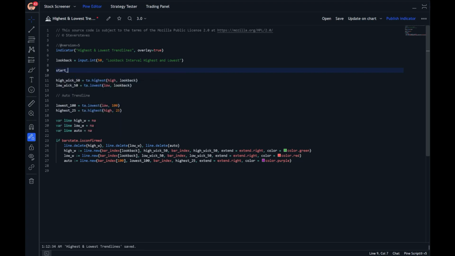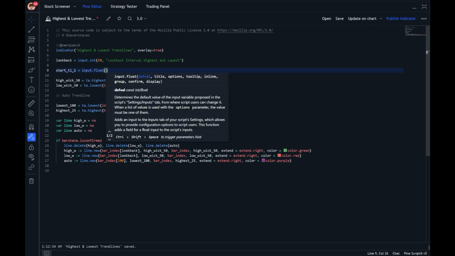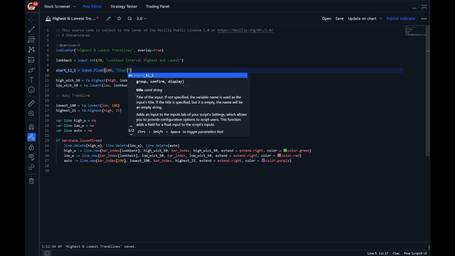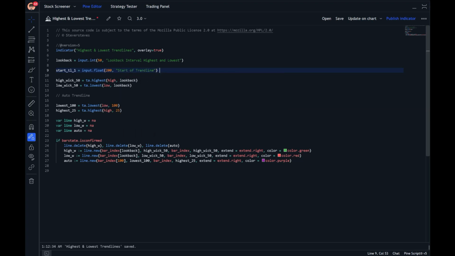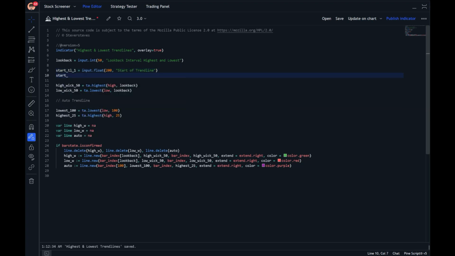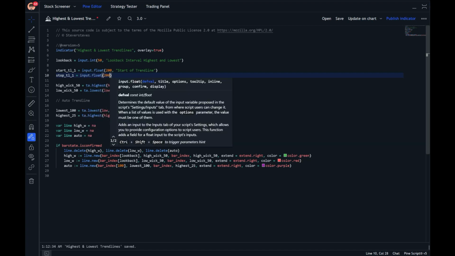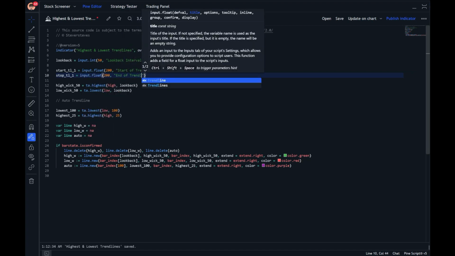So let's call start trendline 1. We're going to say input float. Let's just default to 200. Start of trendline. Stop trendline 1. Input float 200. End of trendline. Okay.